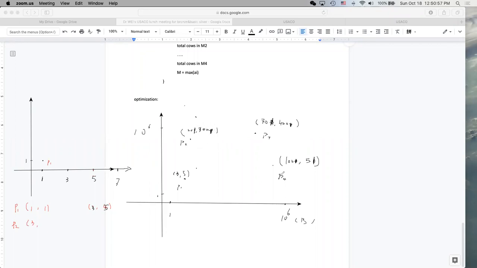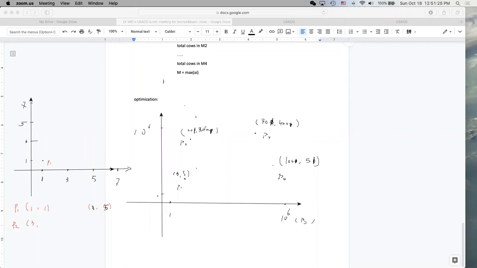You see 3001 for P2 is the third one among the 4 cows. You see, we have 5, 51, 3001, and then 4001, right? So this P2 is the third highest in Y. So we're going to build our Y here. So this is going to be 3, and then this is going to be 5, and this is going to be 7.